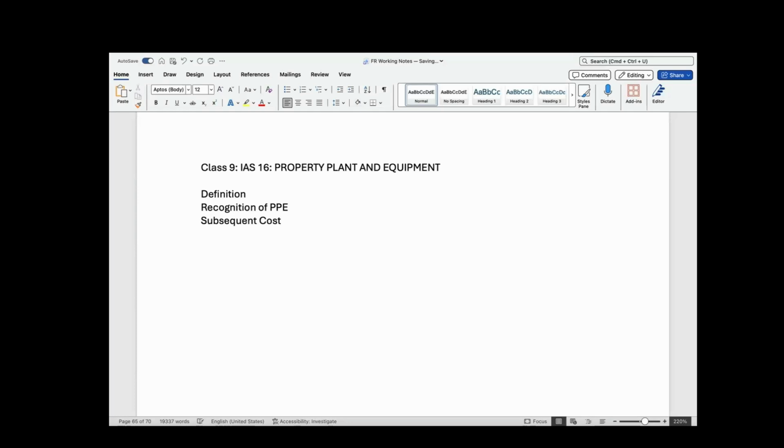How do you also recognize that? Then we'll move on to measurement of PPE. When we are done with measurement of PPE, we'll move on to disposal of PPE.